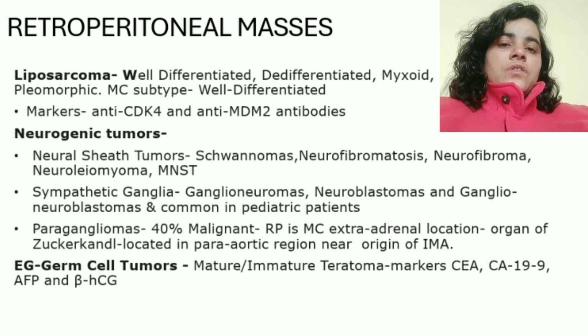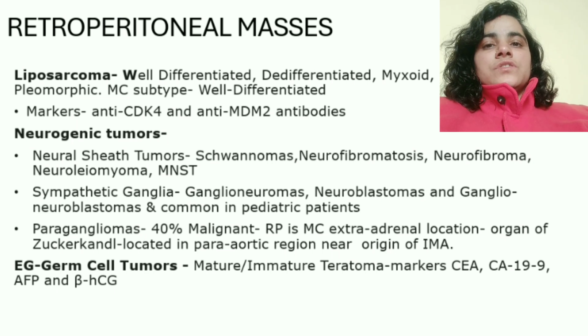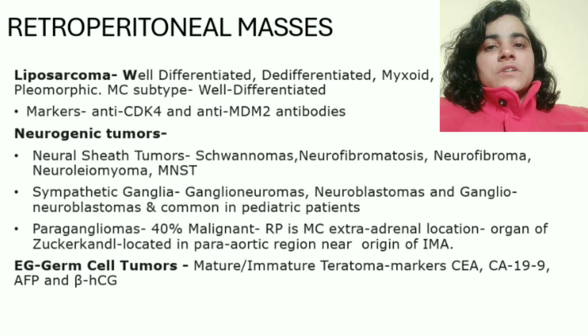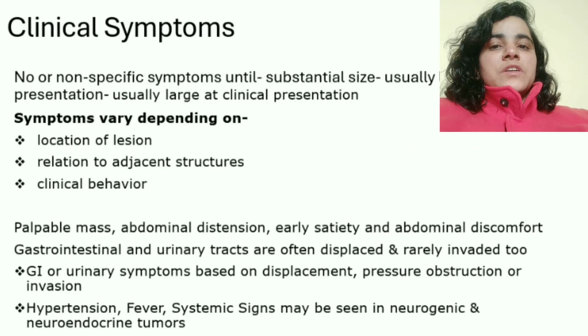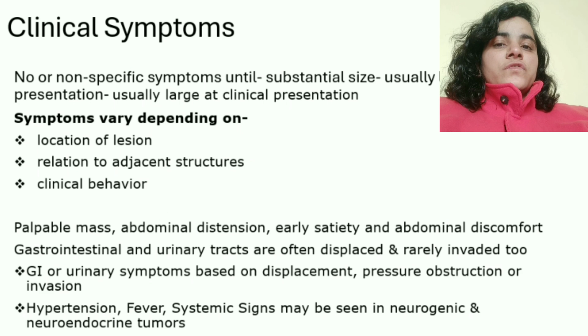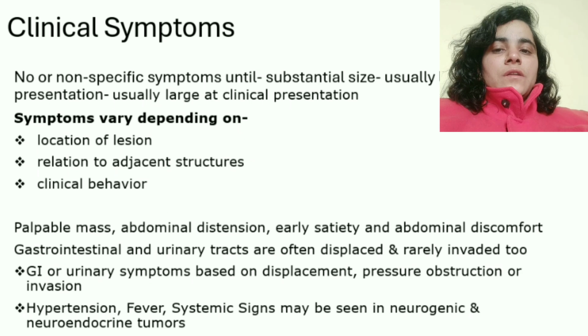Out of this, organ of Zuckerkandl is most common, located in the para-aortic region near the origin of inferior mesenteric artery. Extragonadal germ cell tumors can be mature or immature as discussed previously, and markers used for these tumors are CEA, CA 19-9, AFP, and beta HCG.